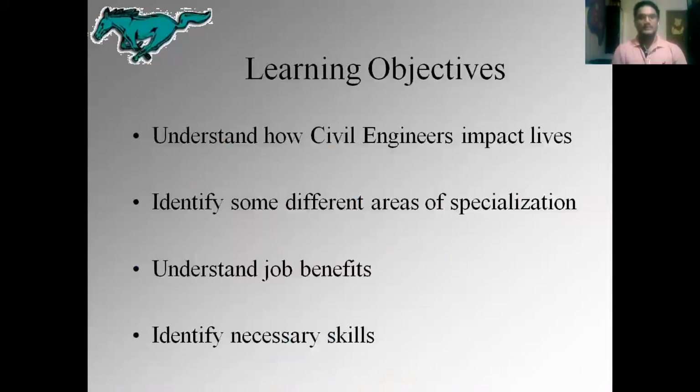The learning objectives of this presentation: you will be able to understand how civil engineers impact lives, identify some different areas of specialization in civil engineering, understand the job benefits of each civil engineering specialization, and identify necessary skills.